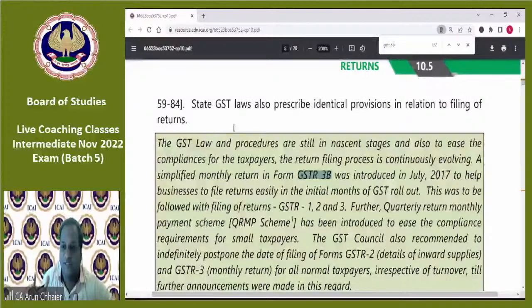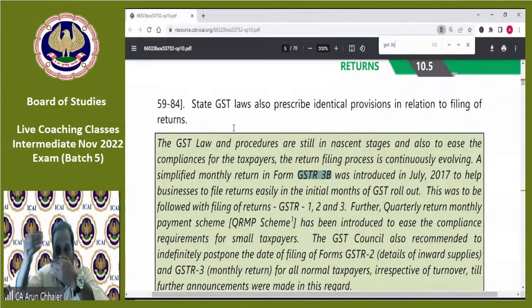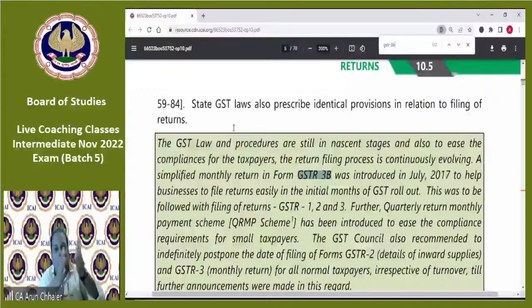On the 20th of every month, there would be pressure and a huge workload on the system. So they have staggered the due dates: for monthly it is 20, for quarterly either 22 or 24. Again, so that there is not huge pressure on the GST portal.